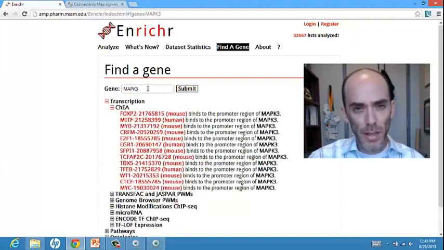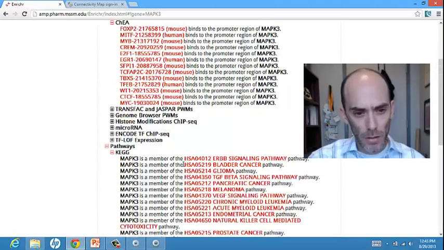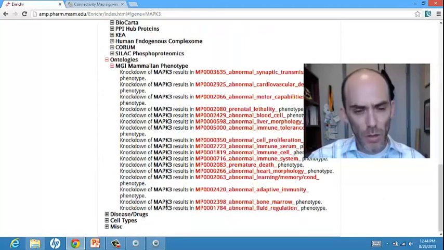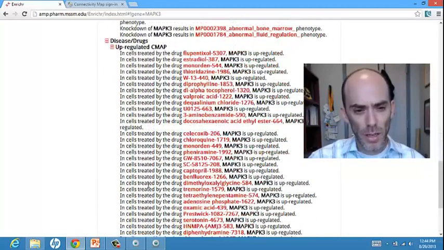So based on this analysis, MAPK3 is regulated by these transcription factors based on ChIA, and if you go to the pathway, it belongs to those cell signaling pathways. When you knock it down, it causes these phenotypes. When you treat cells with those drugs, the expression of this gene is upregulated.